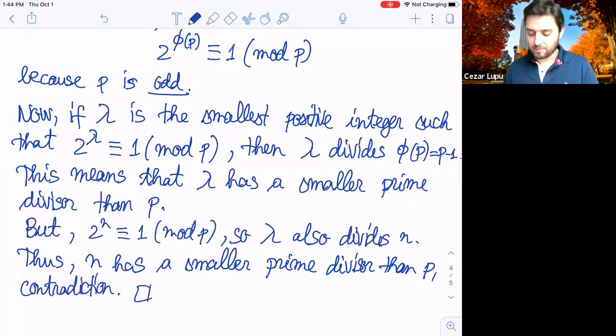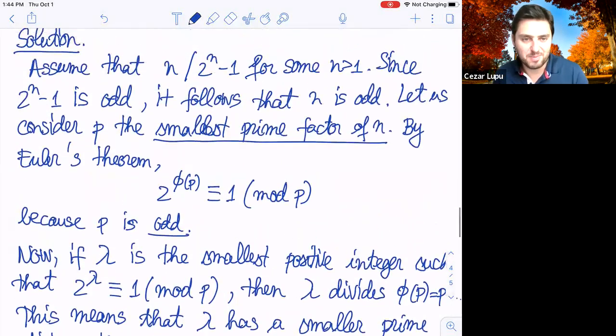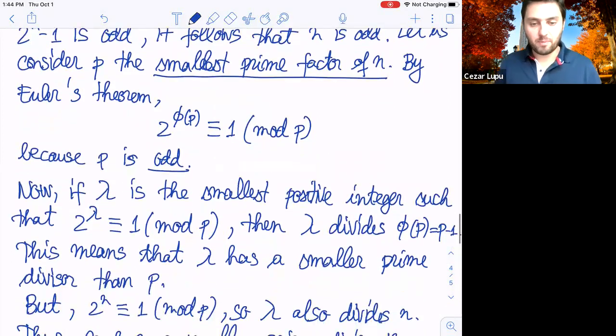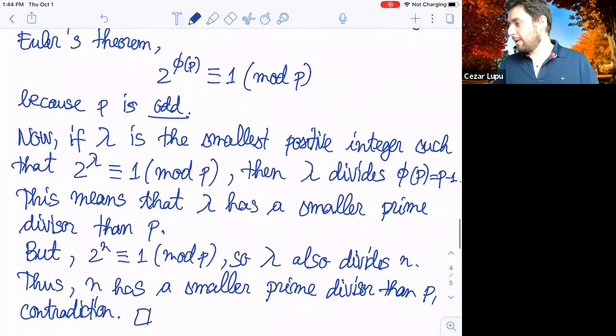Right? So it cannot happen. You see, basically I just mimic the order of an element. So this is a very classical problem at this point. It's pretty nice. All right.